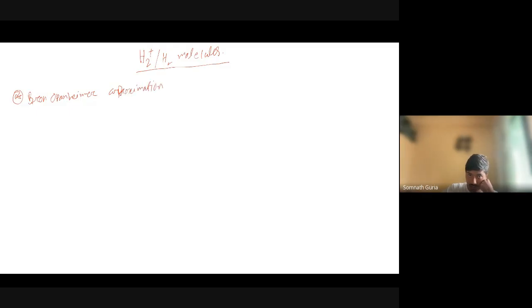What is that? It means that if a molecule, let's suppose a homoatomic molecule A2, having the molecular structure of nucleus A and nucleus B, and in between them they have the electron, only one electron.